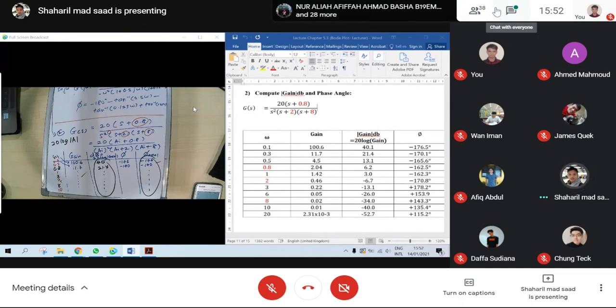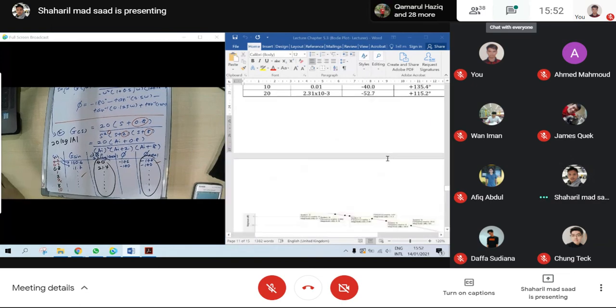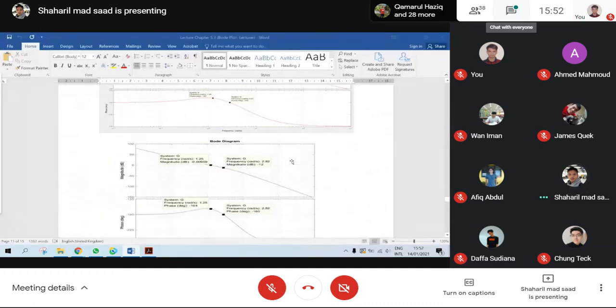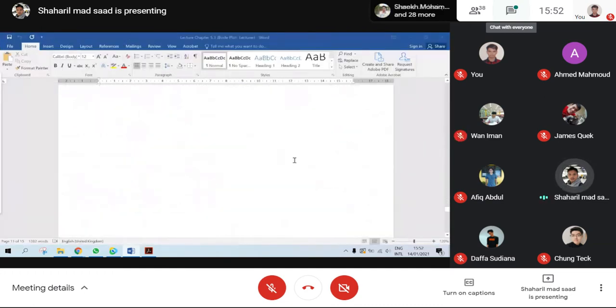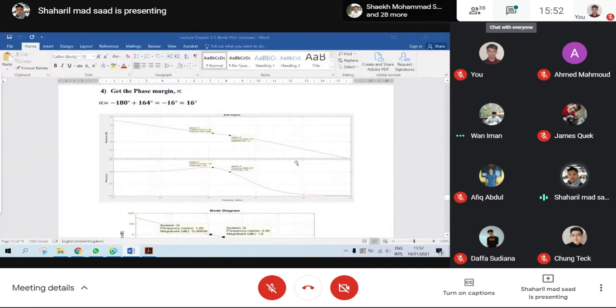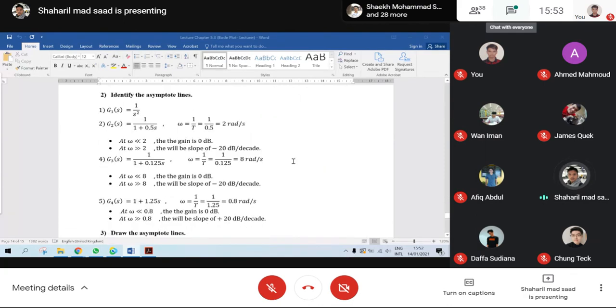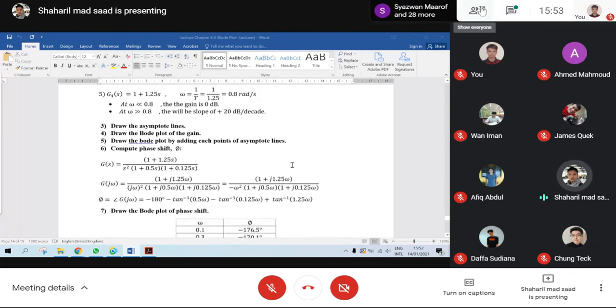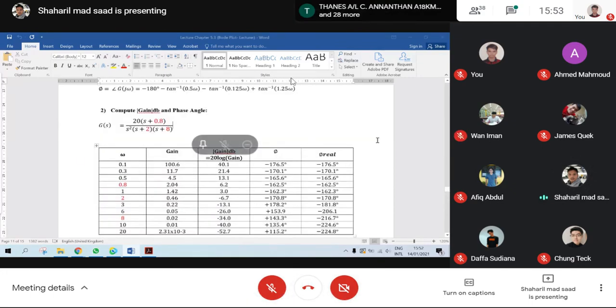Okay, are you happy? Alright. So there are two methods there. Whether you want to use the approximate Bode plot or you can just straight away use this value.